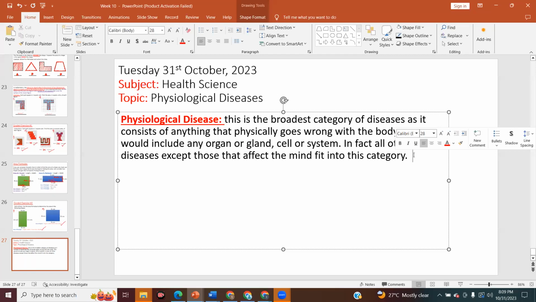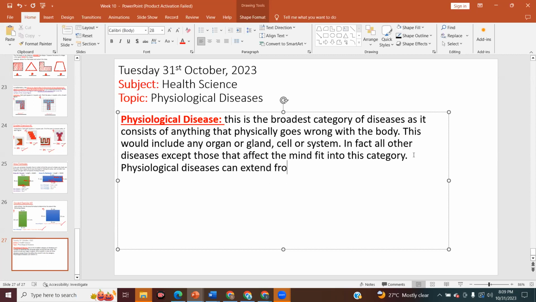Now, let's say, for example, something happens to your bones, right? So physiological diseases can extend from a broken bone to the hundreds of different types of cancers.